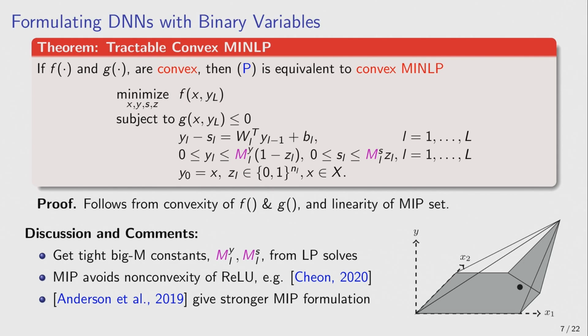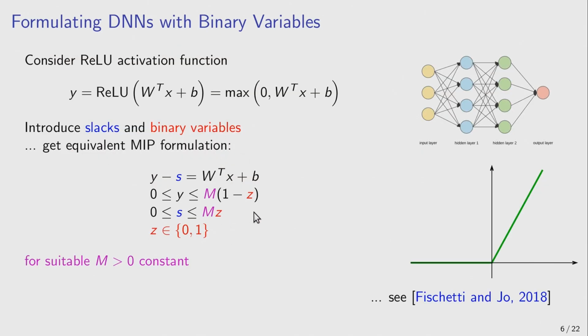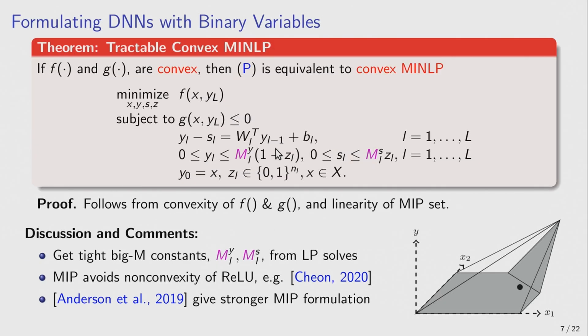But that in itself is actually not enough, and there's been a nice paper by Joey Anderson and some colleagues that give a stronger mixed integer optimization formulation, where they actually find the convex hull of this mixed integer feasible set that I had on the previous slide.